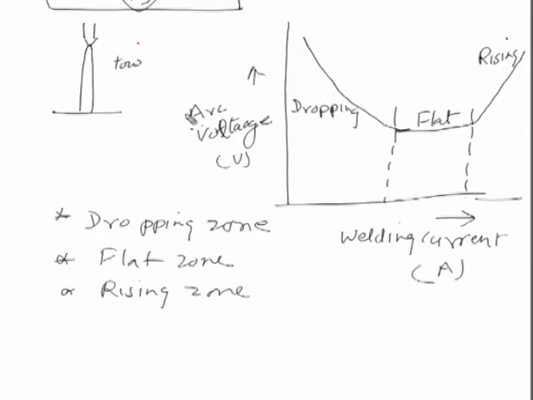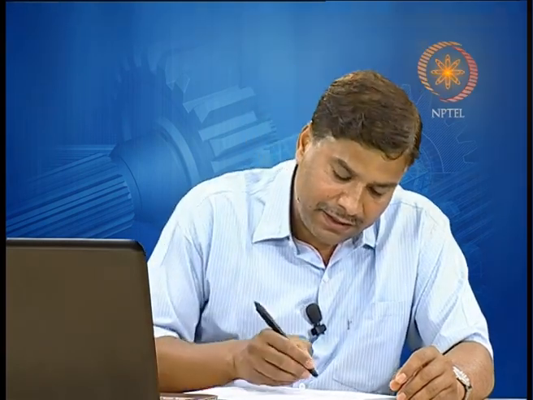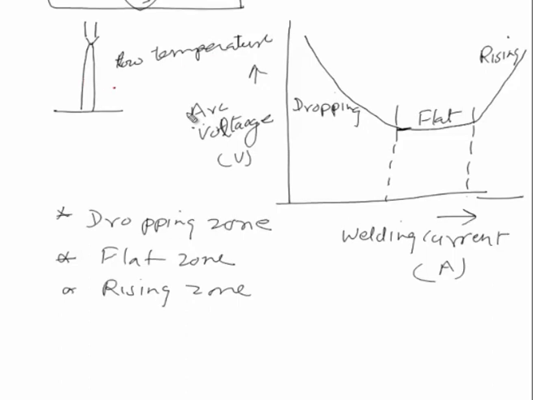Use of low current results in very low temperature. Low temperature means the presence of few charged particles in the arc gap. So, as current is increased, temperature increases.